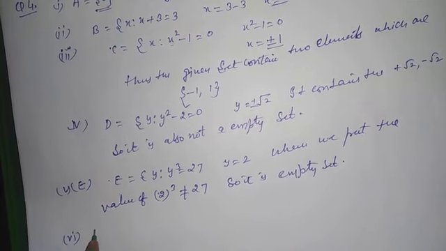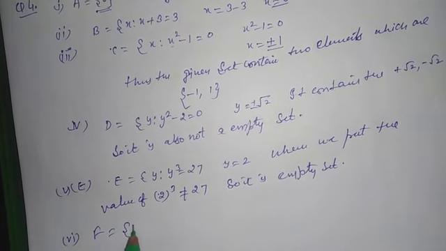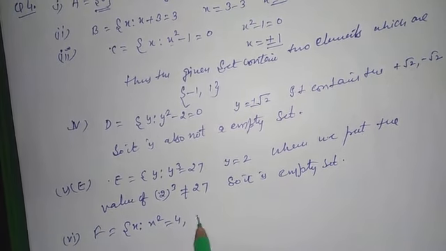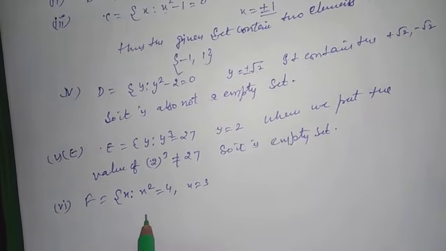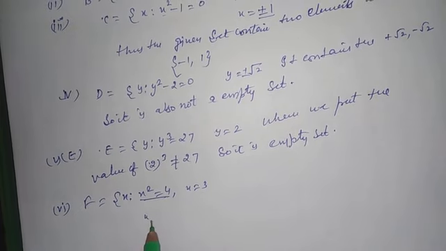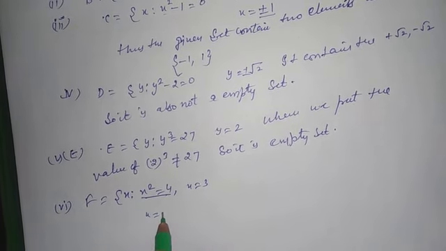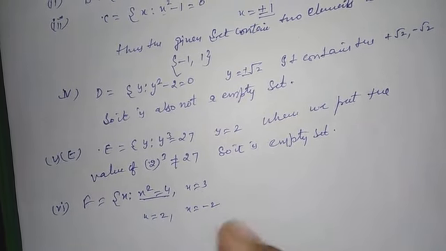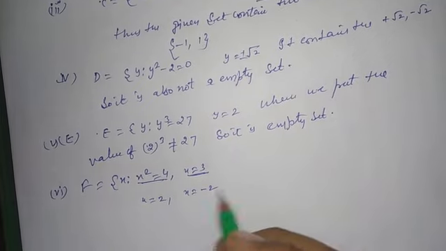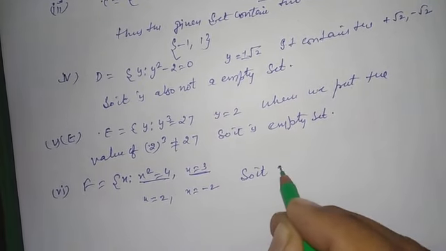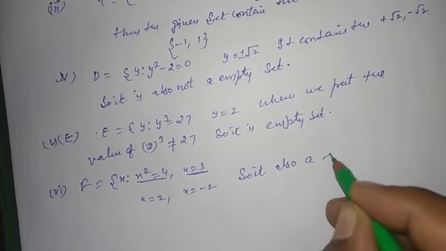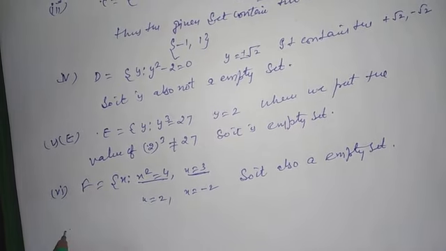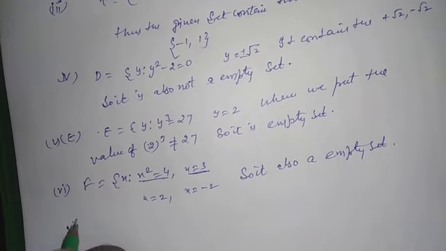Sixth part, F is equal to x square is equal to 4, x is equal to 3. When we solve this, we get two values, x is equal to 2, x is equal to minus 2. But given x is equal to 3, so it is also an empty set.